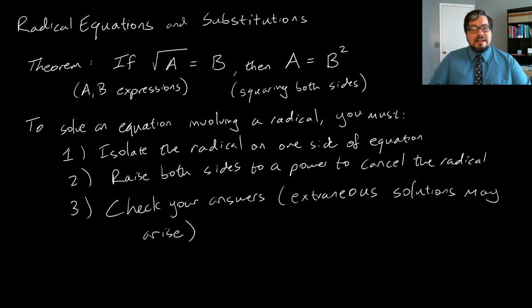So let's take an example where we use this technique and where we make sure to check our work afterwards, make sure we didn't get any extraneous solutions. So let's try to solve the equation square root of x plus 6 minus 5 equals 4.